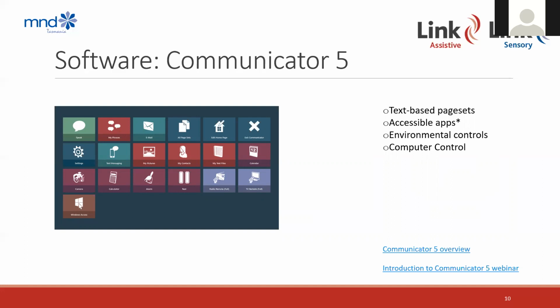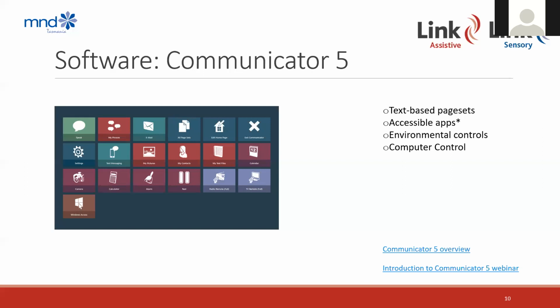Accessible apps is a term that refers to grid sets or page sets that have been designed or redesigned with the physical access needs of somebody who needs to use alternative access in mind, and it allows them to still access mainstream social media type apps like Netflix, WhatsApp, Facebook, Instagram, those sorts of things.